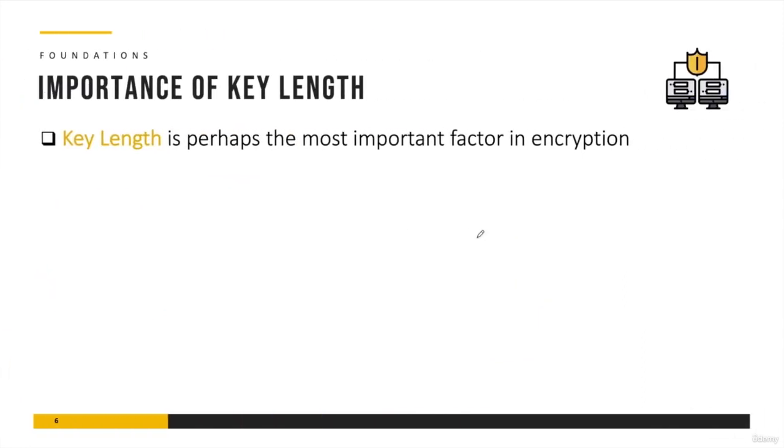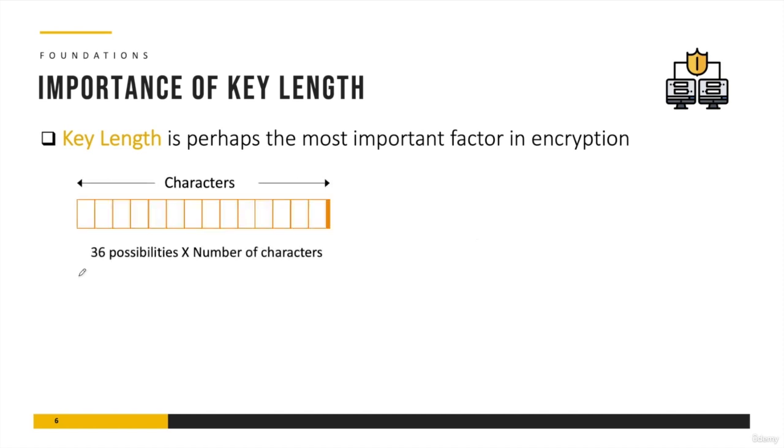Perhaps the single most important factor which can determine the strength of encryption is the key length. The longer the key, the better. So let's say you have a password with X number of characters. For every character, you can select either from A to Z, which are 26 different alphabets, or digits 0 to 9, which are 10. So 26 plus 10, 36 possibilities for each of these characters.